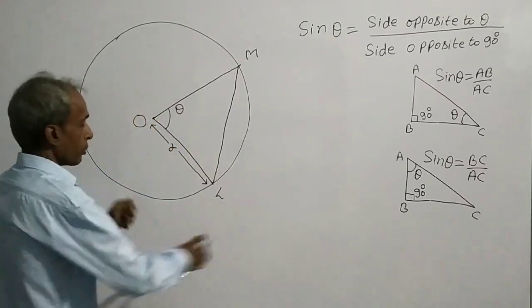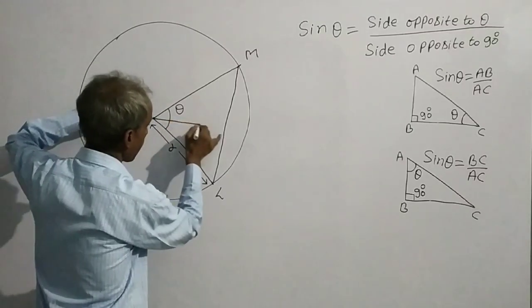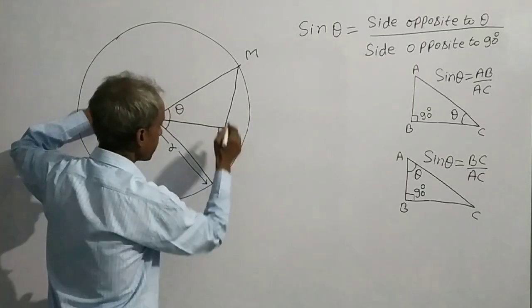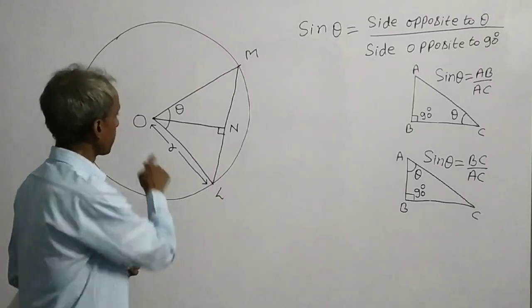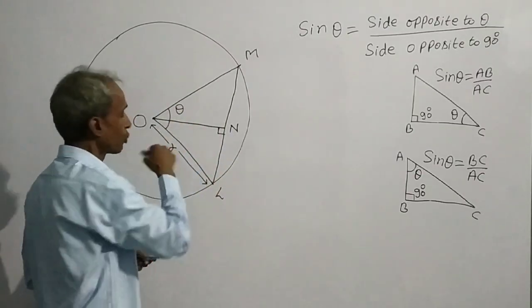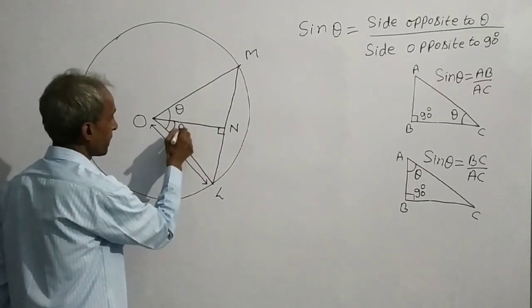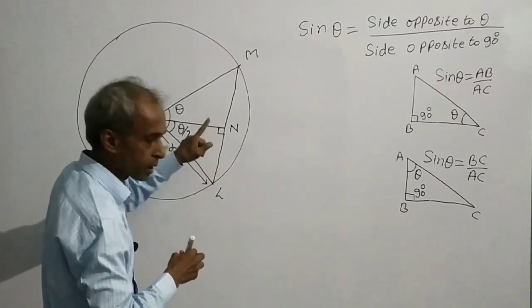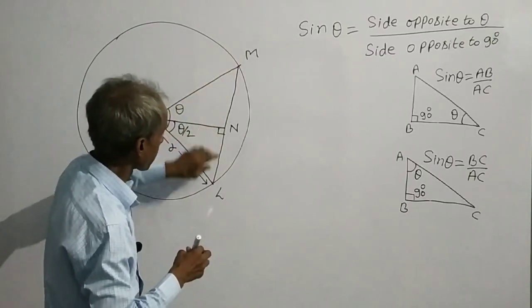First, we draw a perpendicular from O to this Lm, and suppose this perpendicular meets Lm at N. Then this perpendicular ON will divide this angle in two equal parts, so this angle will be theta by 2, and ON will also divide this length Lm in two equal parts.